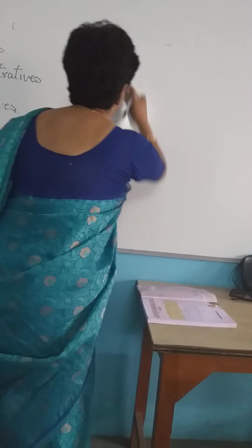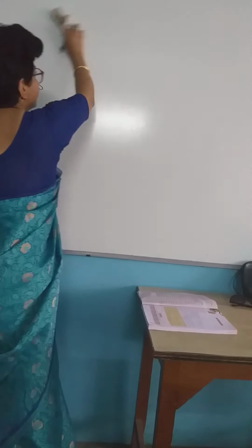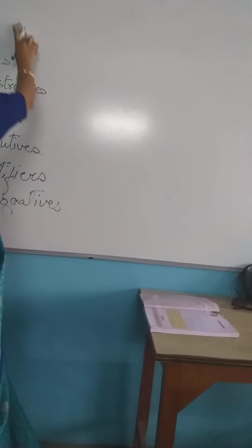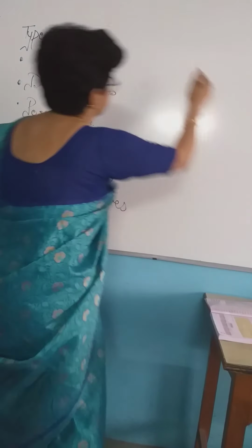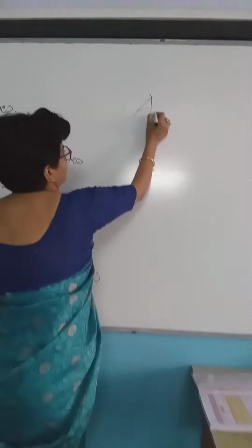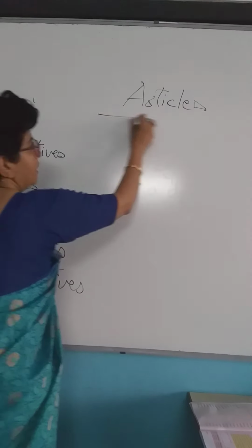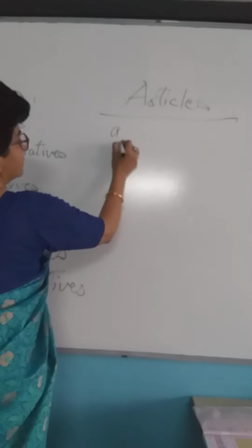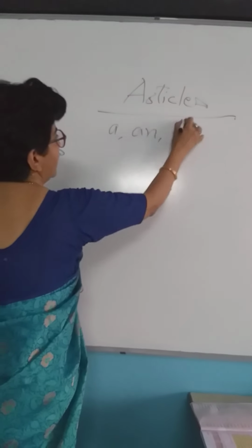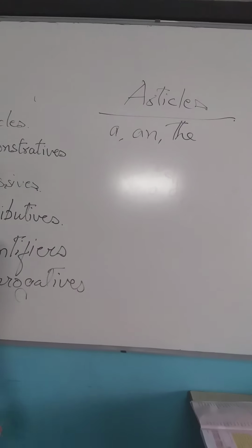So we have much to study in the topic of determiners itself. I'll start with articles. Articles, as we all know, are three: a, an, and the.